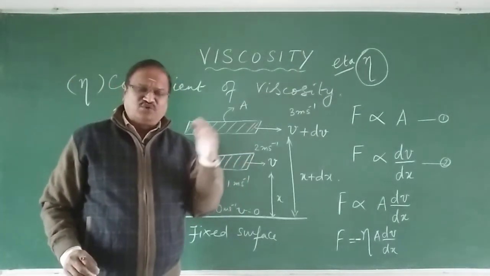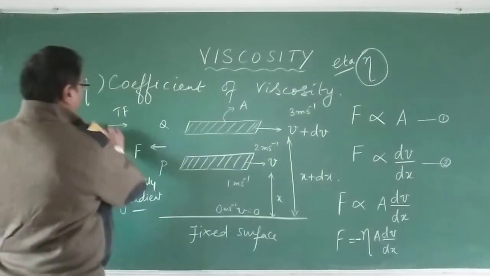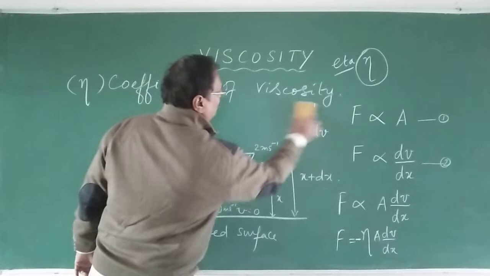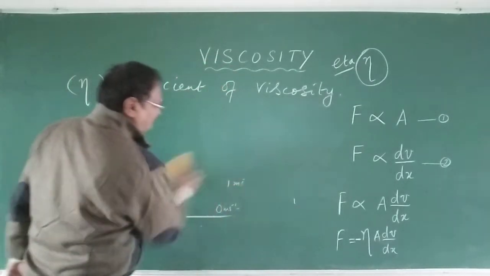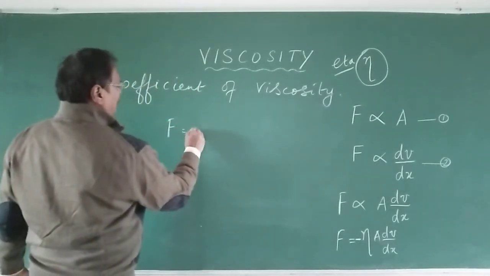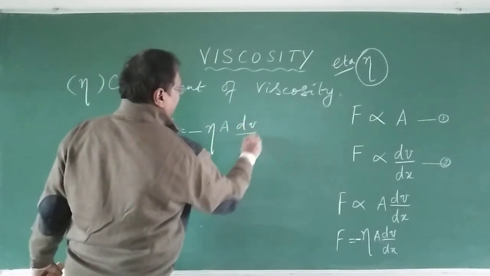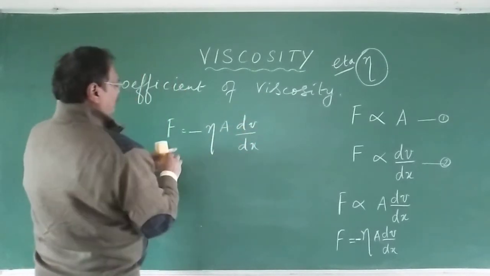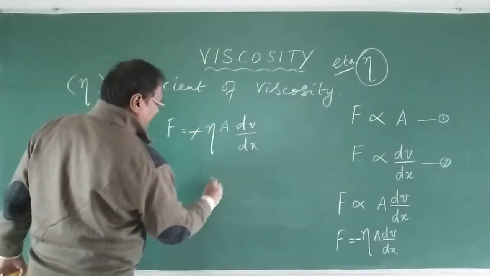Okay, now what is the unit of it? We can conclude this whole discussion by just coming to the unit of it. It's very simple. We know that F is equal to minus eta A dv by dx. When you have the negative sign, you can leave it, only take the modulus.